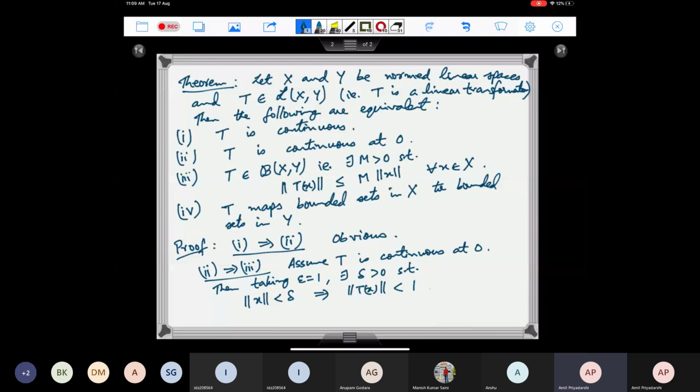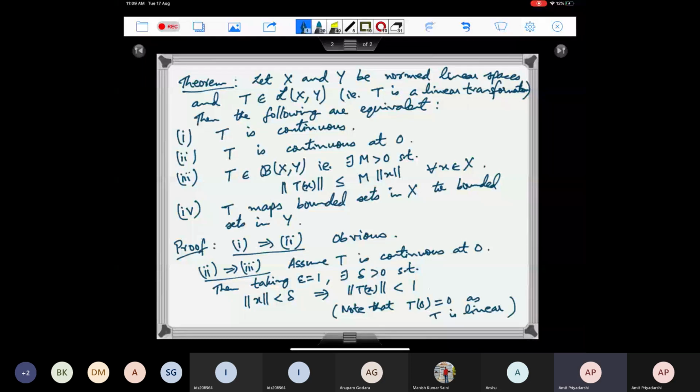Here note that T(0) is 0 as T is linear, so this norm of Tx is nothing but norm of Tx minus T(0).